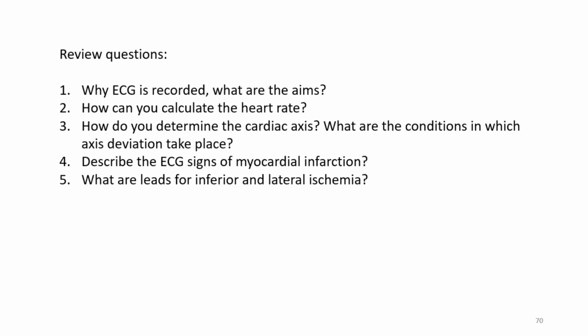How is the cardiac axis determined? What are the conditions in which axis deviation takes place? Yes, cardiac axis can be determined using D1 and augmented voltage foot. You count positive and negative waves, squares upwards and downwards, and take the net number and put it on the graph.